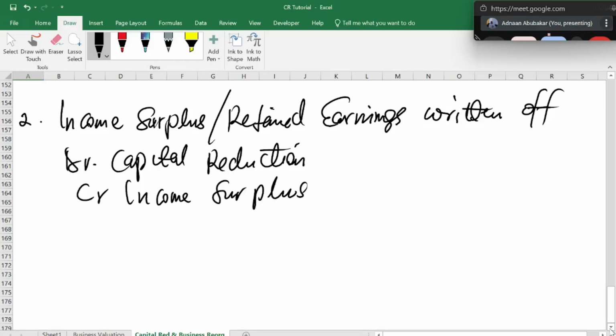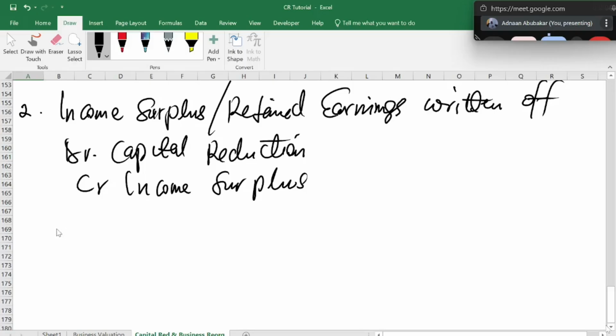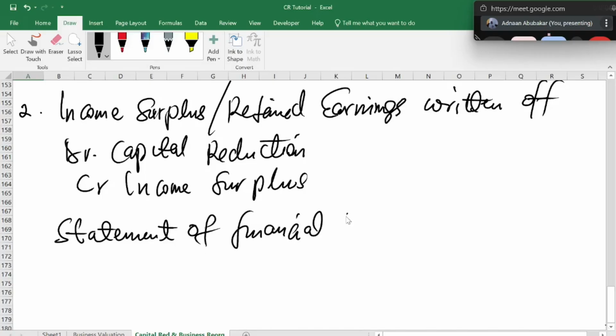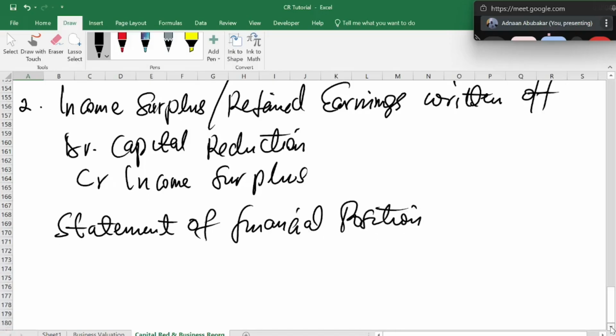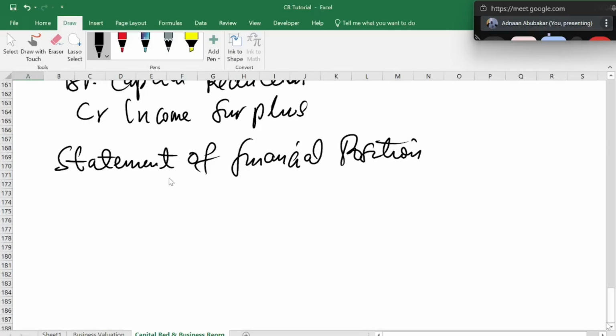Now, what this means is that when you open your statement of financial position, that is where you will find it. You will find it under the equity of the company.